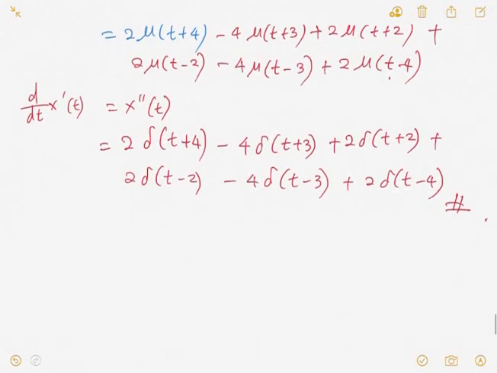Bear in mind that the differentiation d^n/dt^n of x(t) is equivalent to (j omega)^n X(omega).